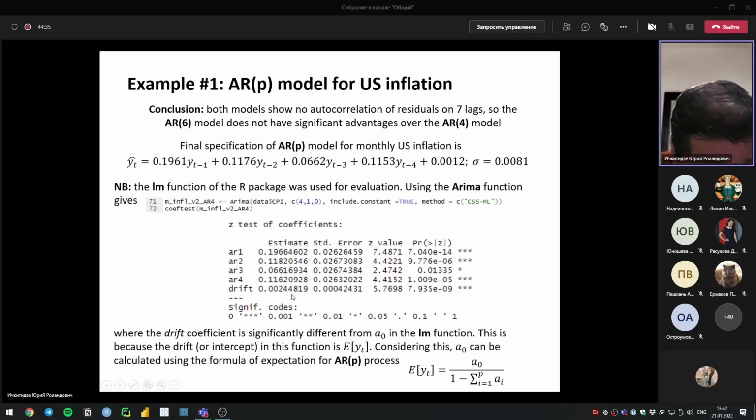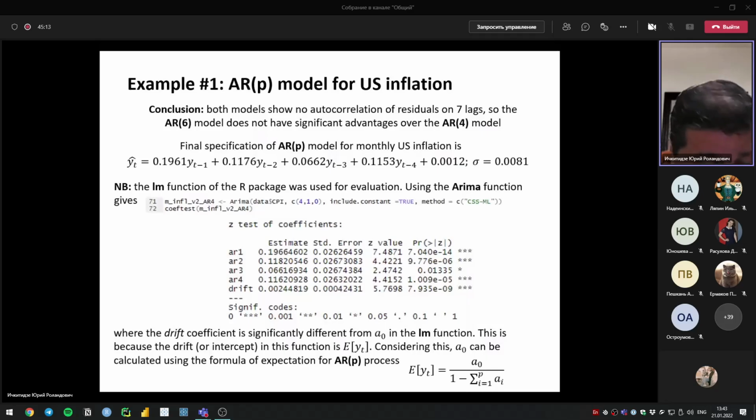But the drift coefficient is very different. It is 2 times different: from the ARMA function 0.0024 and from the LM function 0.0012. That means that the previous coefficient 0.0012 is correct, but this drift from the ARMA function is something else, but not a zero coefficient.